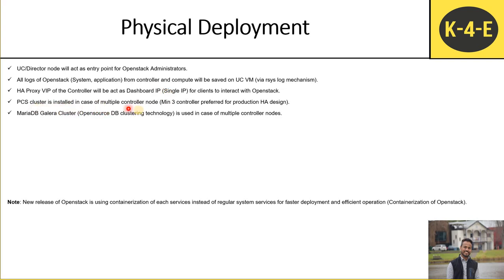Then the Pacemaker cluster is installed in case of multiple controller nodes. As I mentioned, minimum 3 controllers for a production HA design. Then we have the MariaDB Galera cluster. What is it used for? It is another open source DB clustering technology for when you have multiple controllers. So the database of OpenStack, MariaDB, is the preferred one. You can use anything also, like Cassandra or any database which you like.